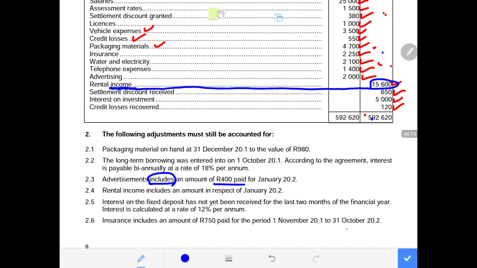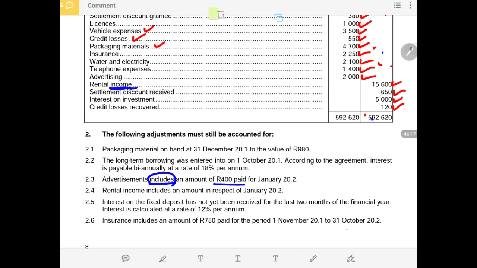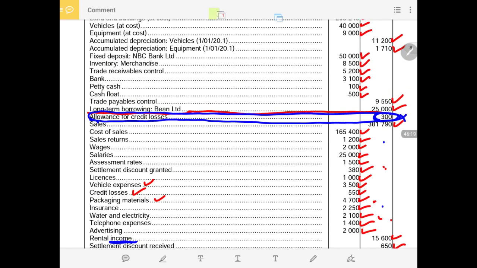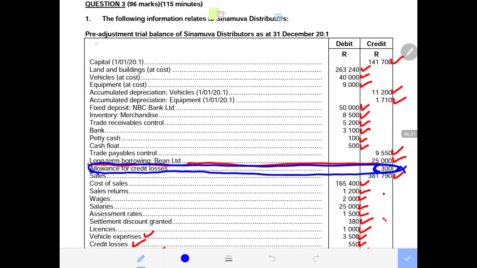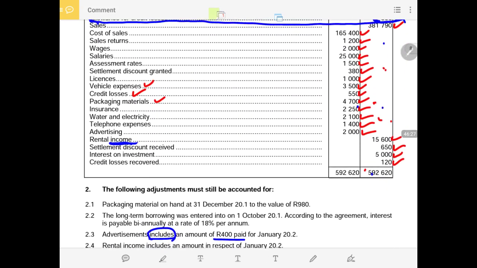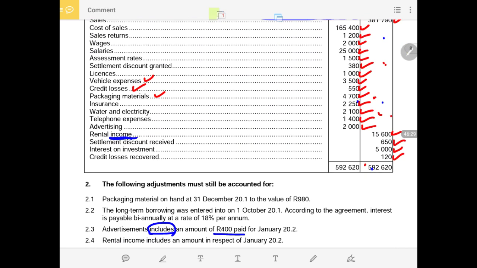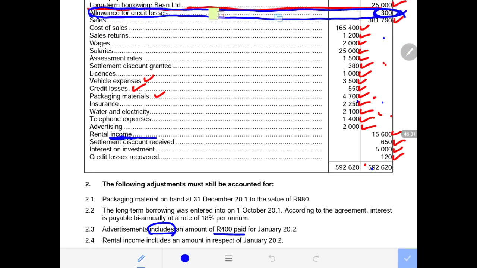Remember, this is the pre-adjustment trial balance, meaning before the adjustments were taken into account. The incomes you see in the pre-adjustment trial balance are the incomes already received, unless the adjustment states otherwise.